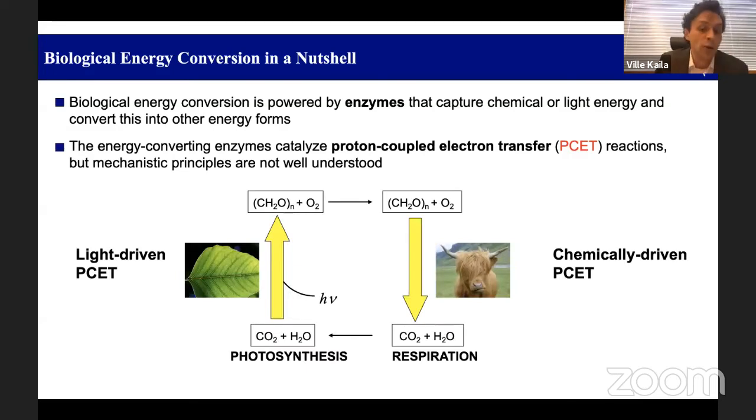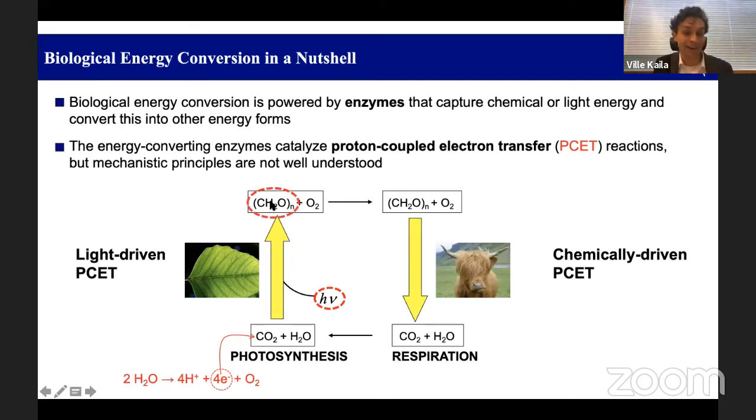And we have two main such cycles in nature. We have the photosynthetic one, where light energy drives oxidation of water molecules to protons and electrons. You take the electrons and combine them with inorganic molecules like CO2 in the carbon fixation process. You build more complex organic molecules like sugars.